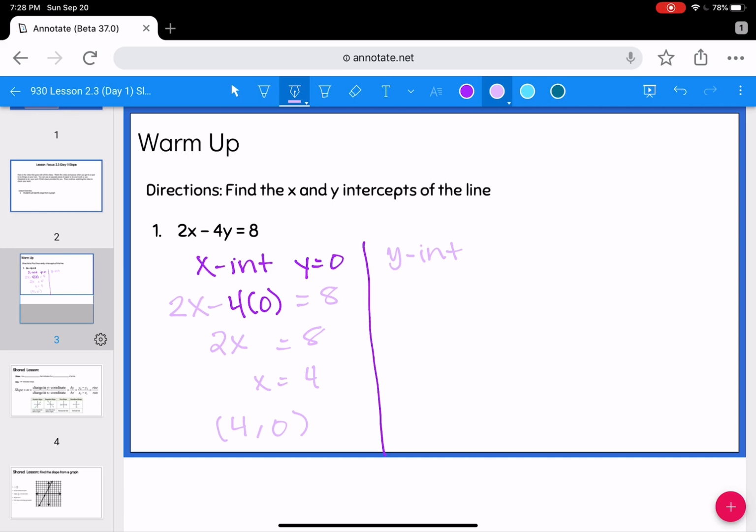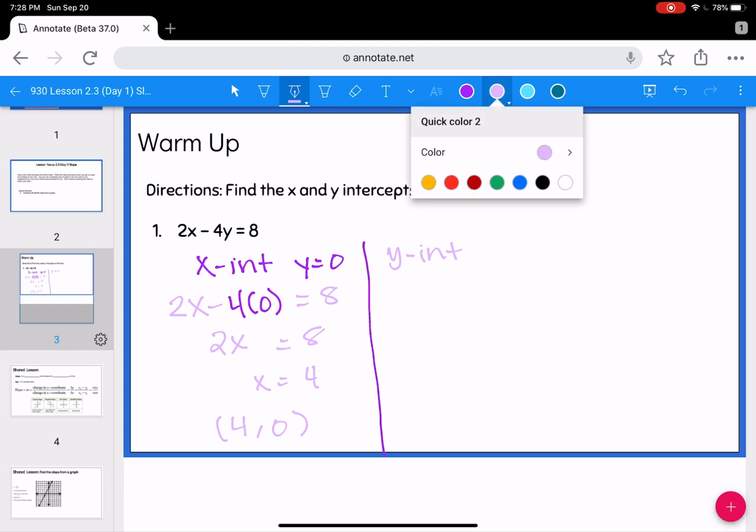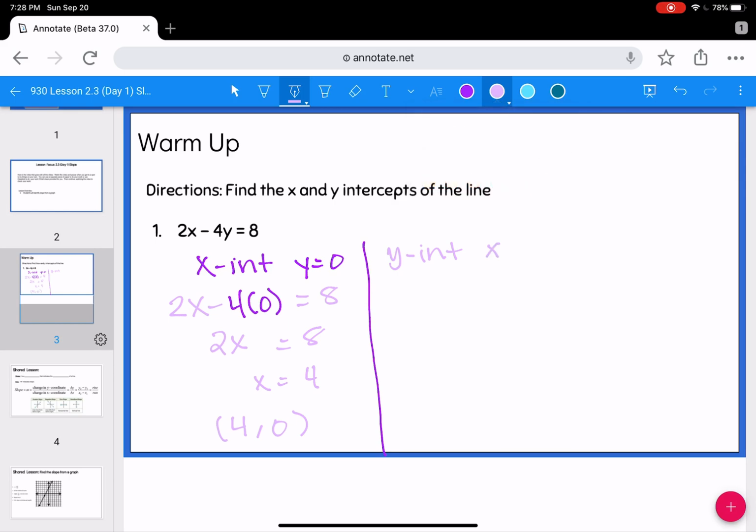My x value here is always going to be a number, and my y value is always going to be 0. To find my y-intercept, I'm going to plug x is equal to 0 into my equation. So I have 2 times 0, because we have 2x minus 4y is equal to 8. 2 times 0 is 0. Negative 4y is equal to 8.